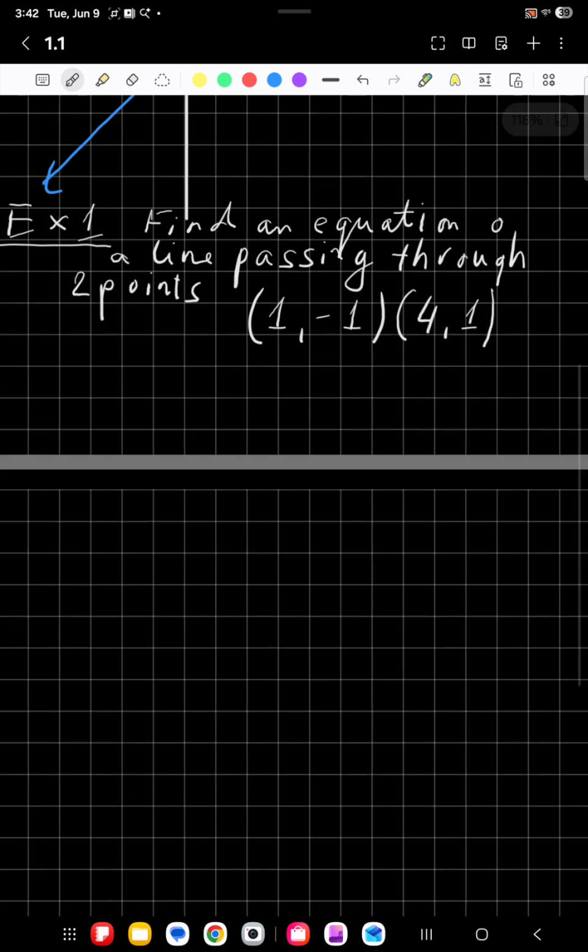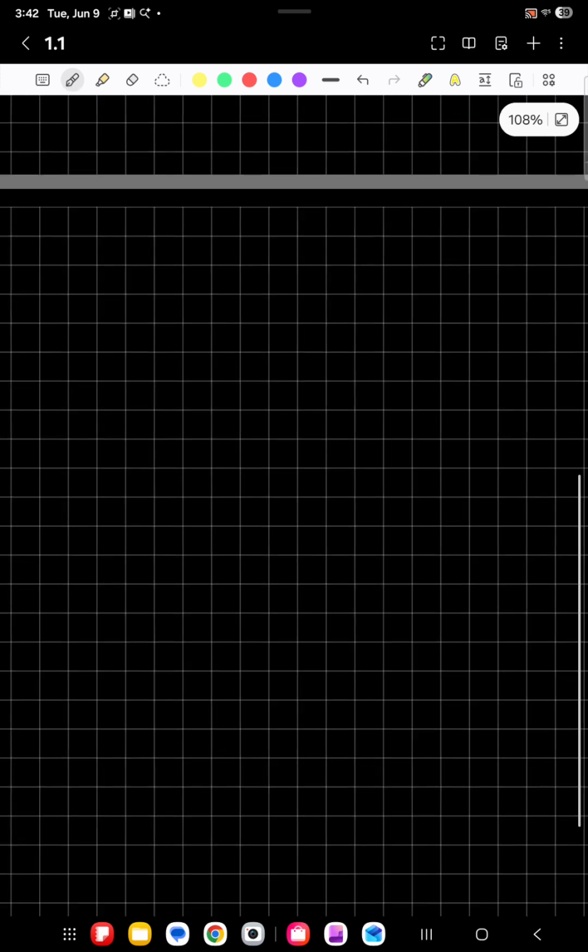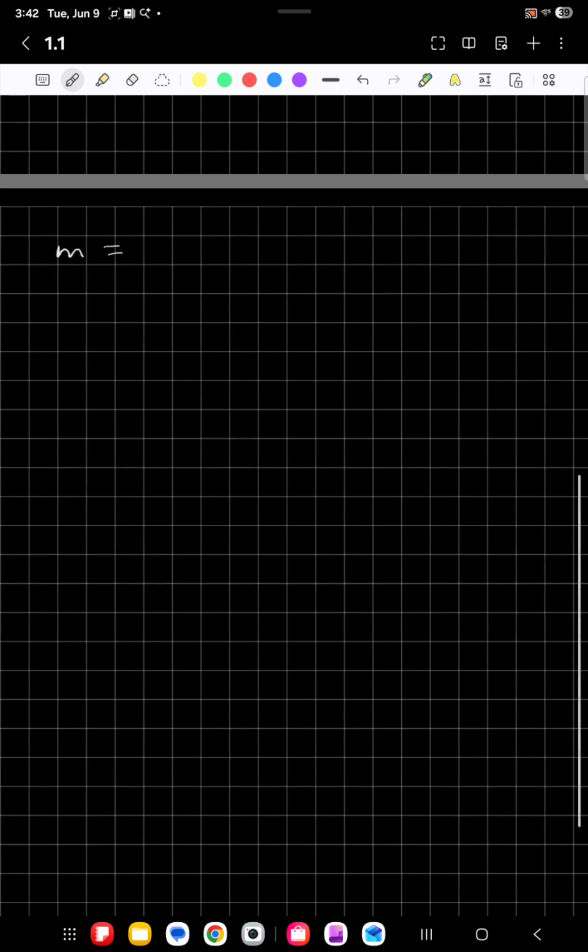Okay, so yeah, we'll start with slope, right? The formula for slope was m equals y2 minus y1. As I said, it can be either one. It can be y1 minus y2, and then the bottom is x2 minus x1.